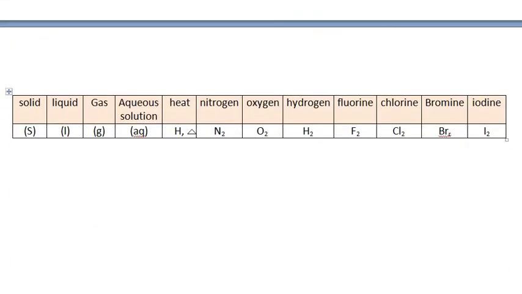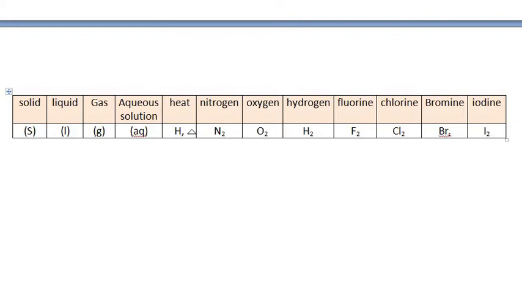And we knew that some elements are known as diatomic molecules: nitrogen N2, O2, H2. When these elements are present alone without reactions, naturally they are written as N2, O2, and so on.